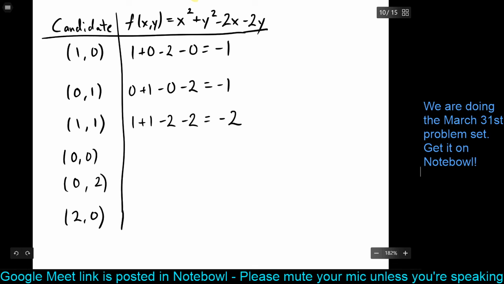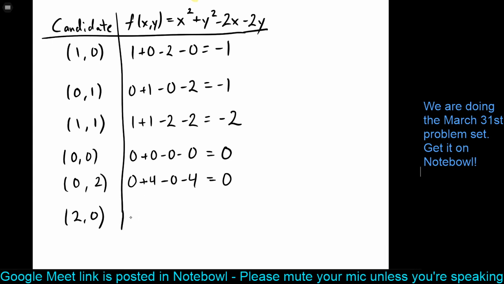All right, now we plug in these. 0 plus 0 minus 0 minus 0 is 0. Plug in 0, 2. 0 plus 4 minus 0 minus 4 is also 0. And finally, plug in 2, 0 to that function. We get 4 plus 0 minus 4 minus 0, which is 0.